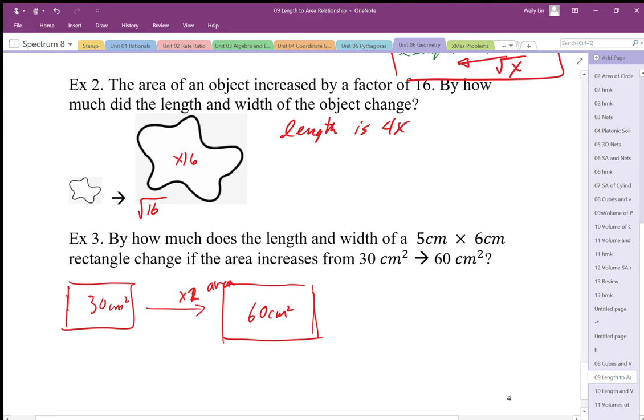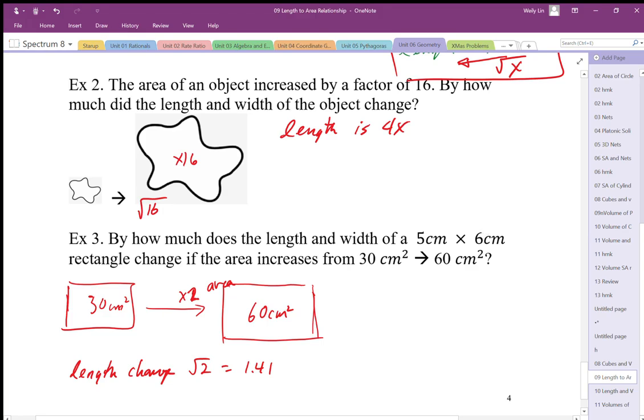So if I doubled the area, I need to root that to get the length change, which is about 1.41, if I'm not mistaken. So if I doubled this length and width, that's not going to give me 60. It's going to give me 120, isn't it?